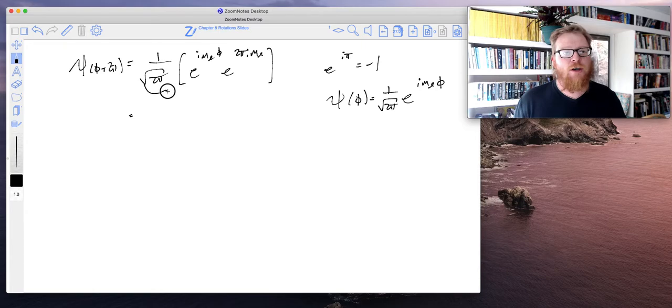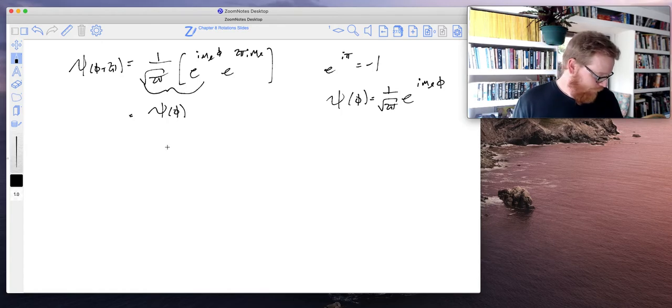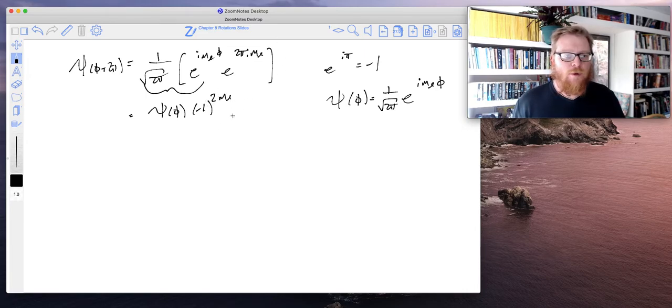So this chunk right here just becomes psi of phi. Brilliant. But now I've got an e to the i pi, and I'm going to write that as -1, but then it's still raised to the 2 ml power.